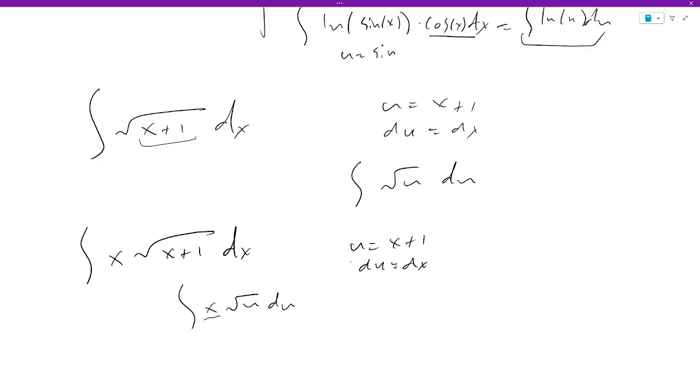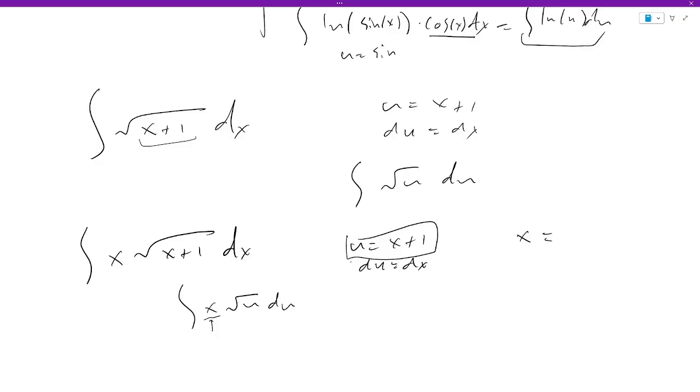In this case, it actually can work because I'm kind of shifting into the u universe. I've got to think, what is x when I'm in the u universe? What does x turn into? Just like what those bounds turn into. Well, I look at my relationship between u and x. x plus 1 is u, so I can solve for x.